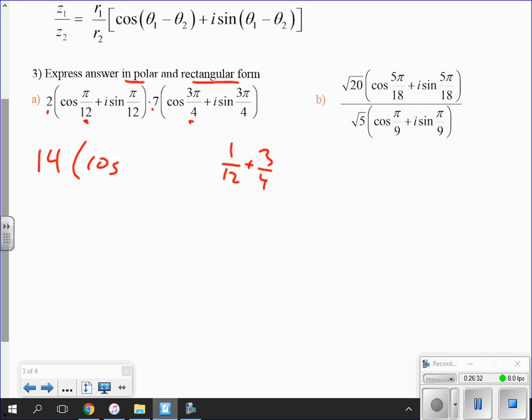So what's this in twelfths? This is 9/12, right? Which gives us 10/12, which reduces to 5/6. So I add them together, I get 5 pi over 6 plus I sine 5 pi over 6.